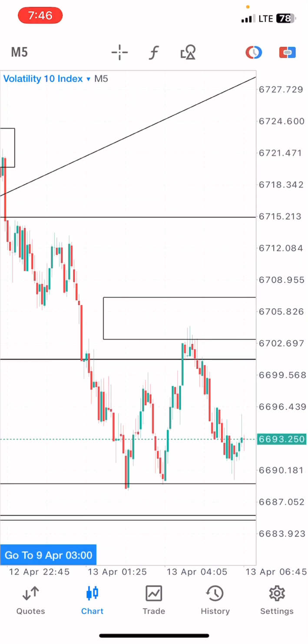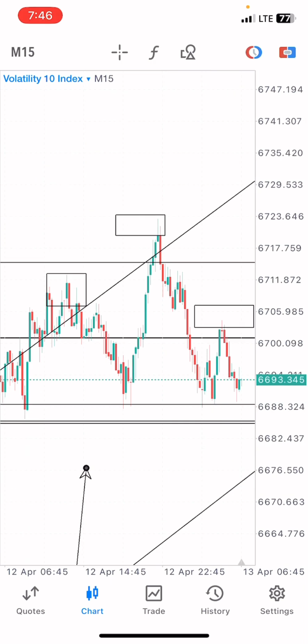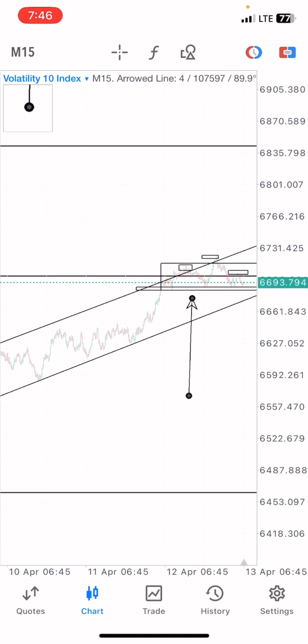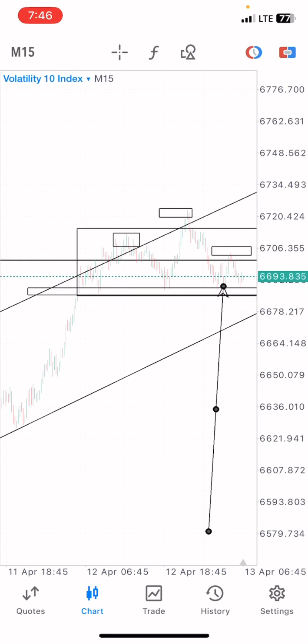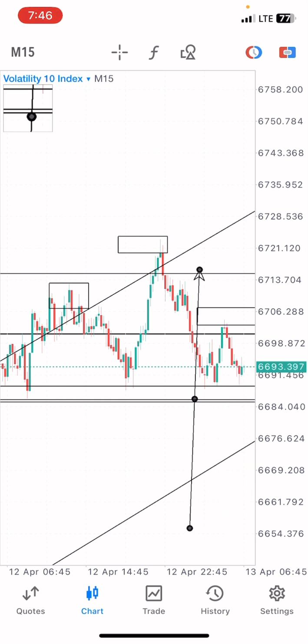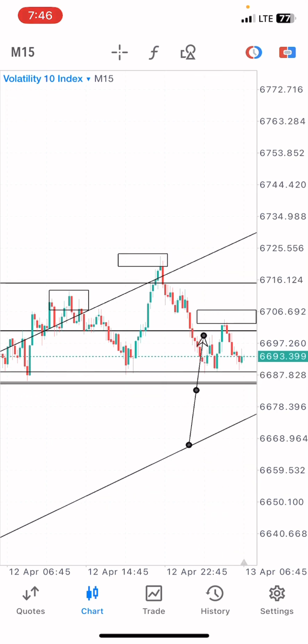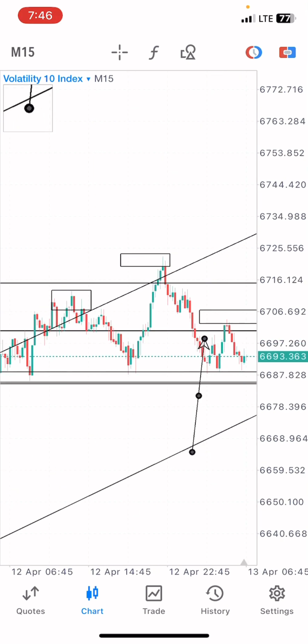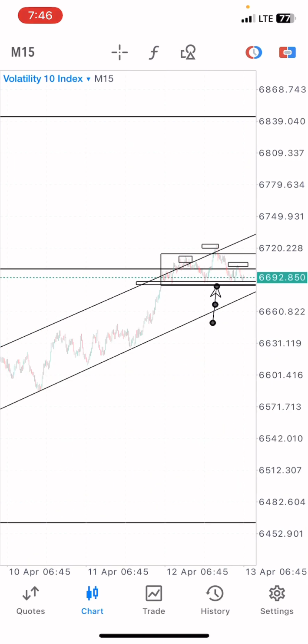So we'll be looking out for a good entry point on the 15-minute time frame. On the 15-minute time frame, you can see that the market is still displaying these little bullish moves, still trying to exhaust. The bearish power is not fully in the market to get a breakout of this neckline, this level.